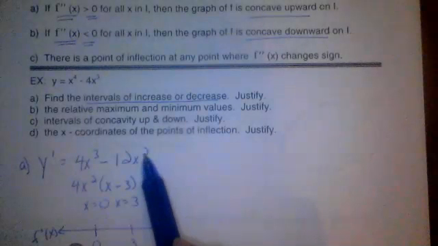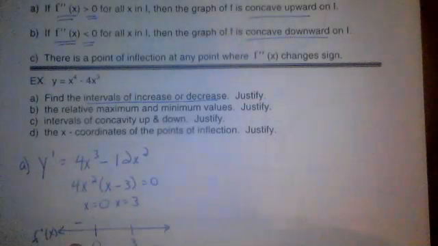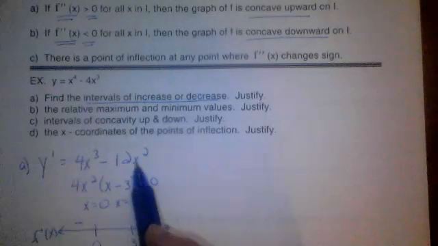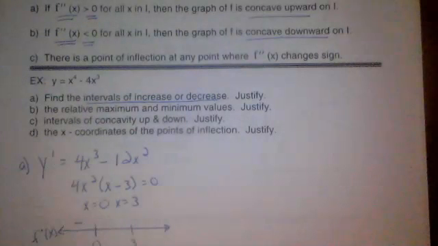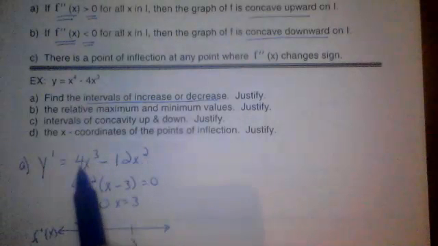Negative in here would be positive. So -4 minus 12, that's negative. If I put in like 2, that would be 8 times 4 is 32, minus 48, so -16. So this is going to also be negative.